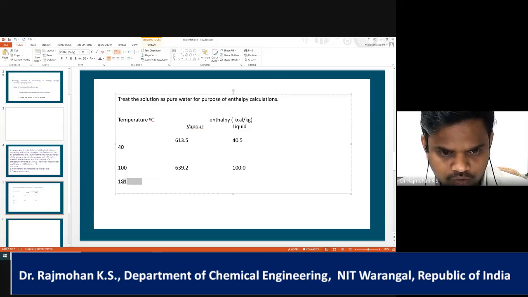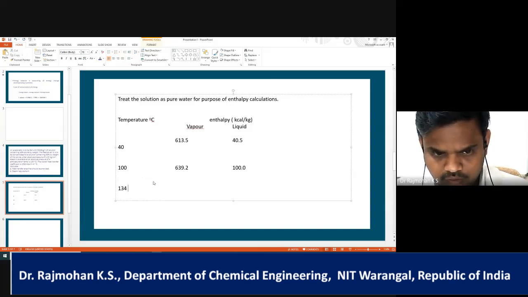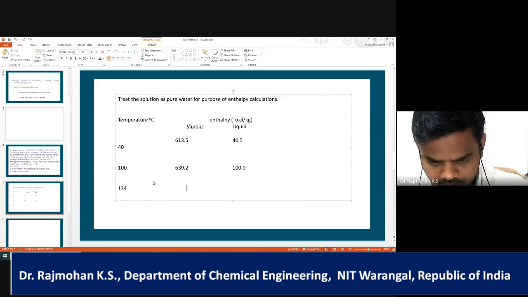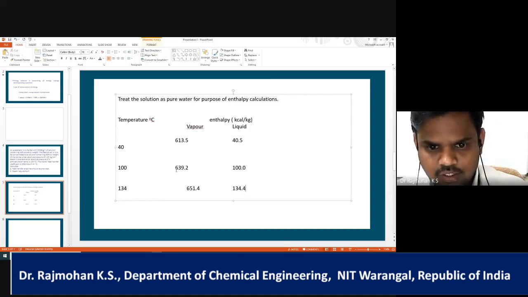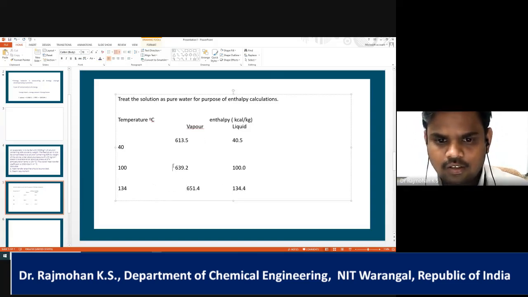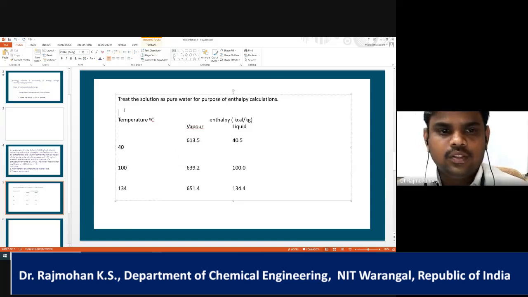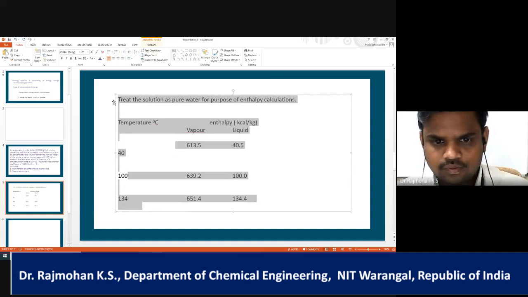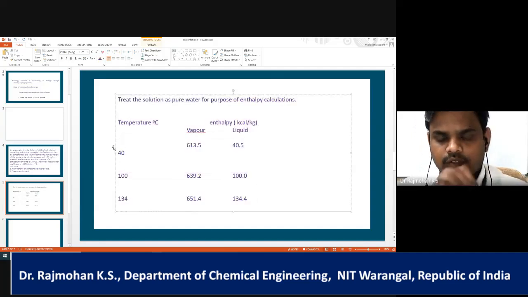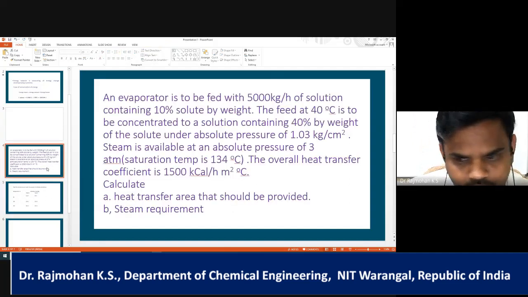And at 134, values are 651.4 and 134.4. So this is actually data to be taken from a reference table. For simplicity, it is given here directly. Okay, so this we have to consider. This data is given.